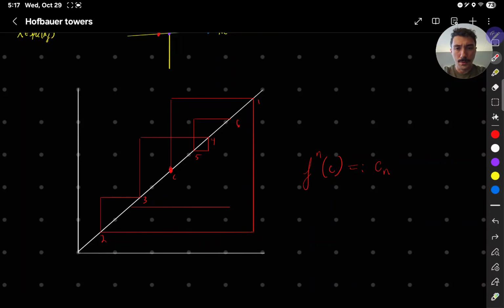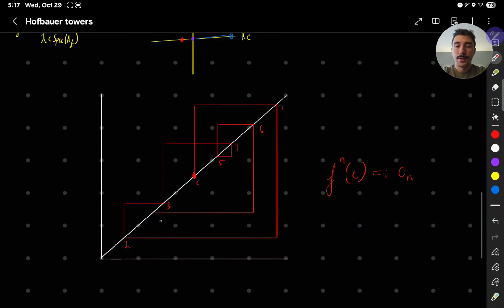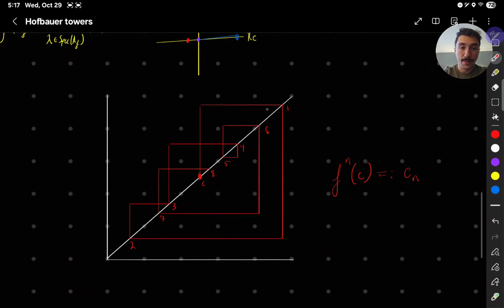Oh, that one's not vertical. Perfect. So that's C7. Now C8 lives just to the right of C. C9 just to the left of 1 and to the right of 6.